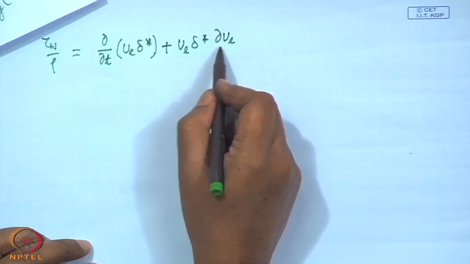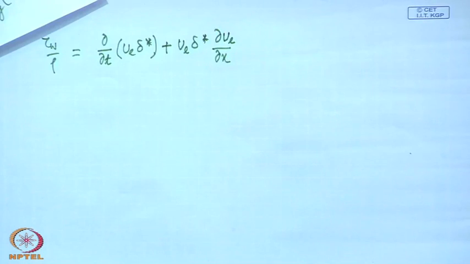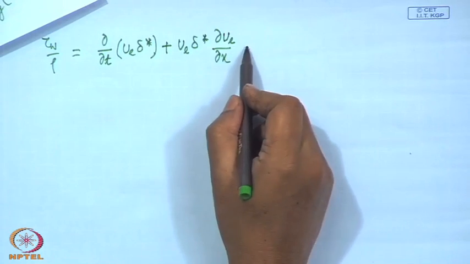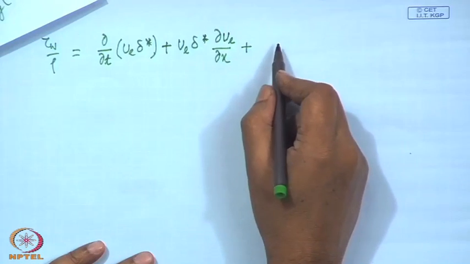There is no point in writing a partial derivative here, because u e is not a function of y, but anyway, we are considering unsteady flow. So, u e can be a function of time, it is not a function of y. The next two terms, of course, let us keep for now.